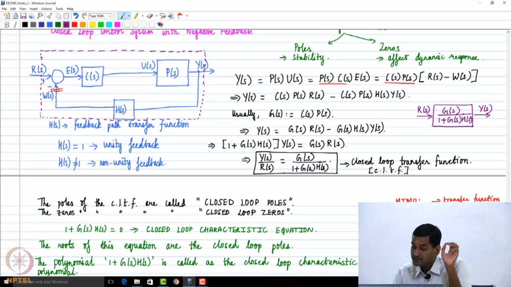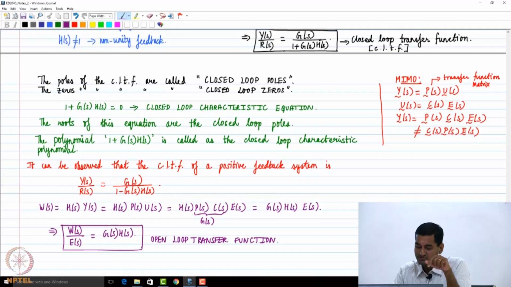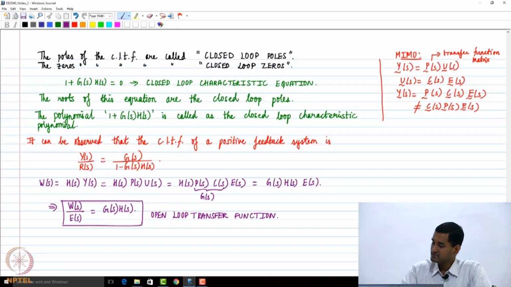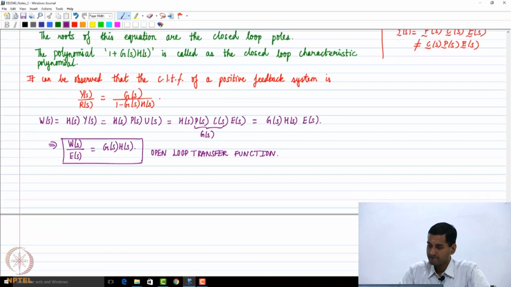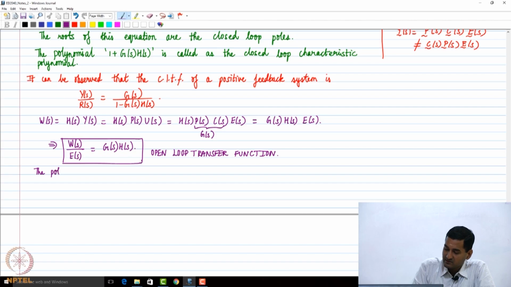That's going to be G(s) times H(s). The poles of the open loop transfer function, which I am abbreviating as OLTF, are called open loop poles.